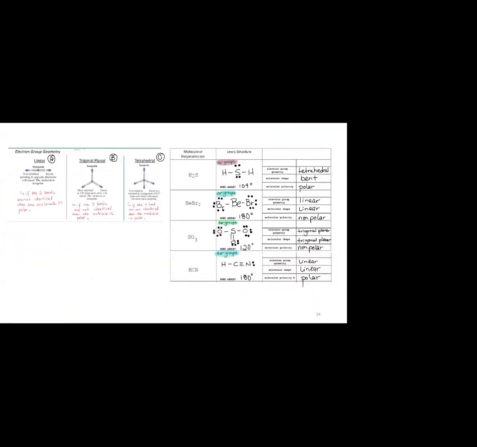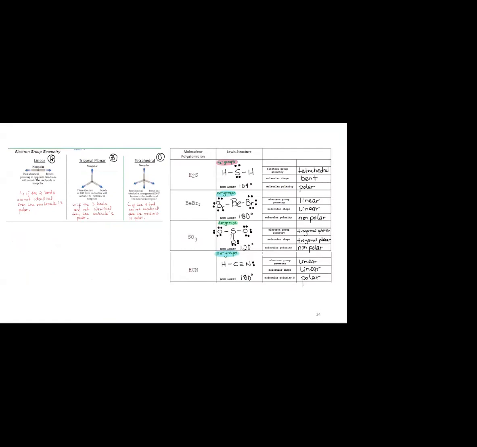Any questions about overall polarity? So Professor, when we're looking at those, we're looking at the actual element it's attached to, not the bonding, right? In terms of the molecular polarity. When it comes to molecular polarity, I like to use an analogy.